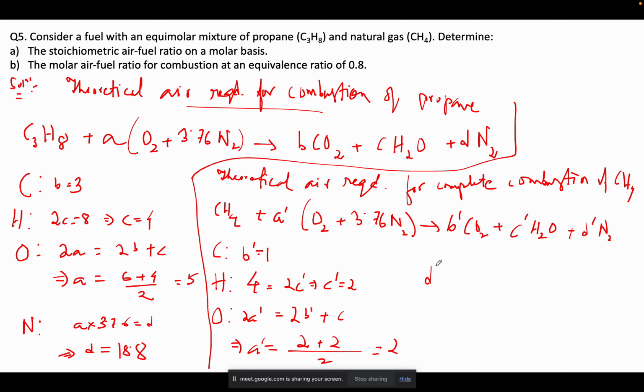And similarly for nitrogen, A prime into 3.76 is equal to D prime, so D prime is 2 into 3.76, which is 7.52.